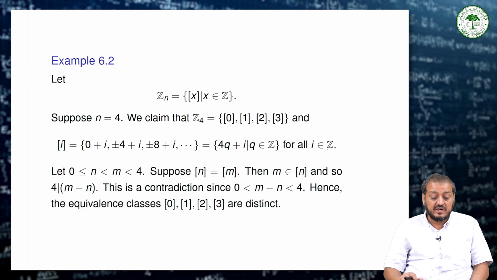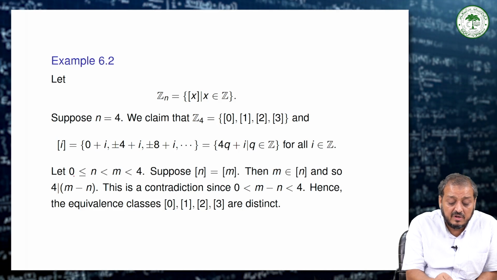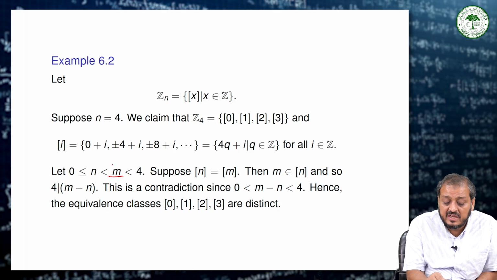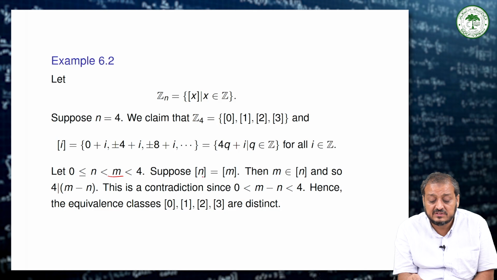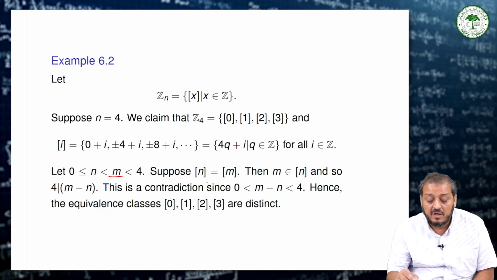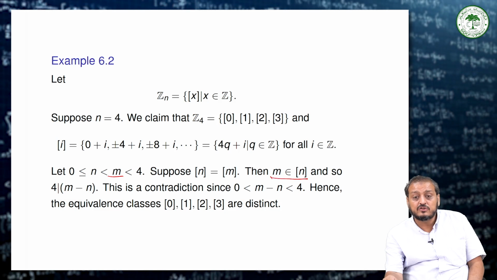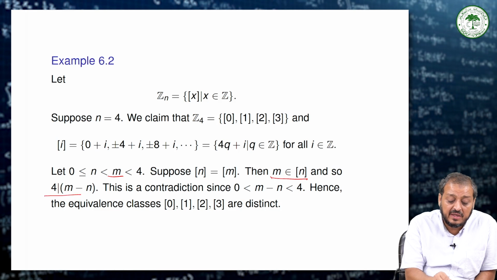Suppose n and m lie between 0 and 4, with n less than m less than 4. Suppose the two equivalence classes of n and m are the same. Then m is an element of the equivalence class of n, and so 4 should divide m minus n.